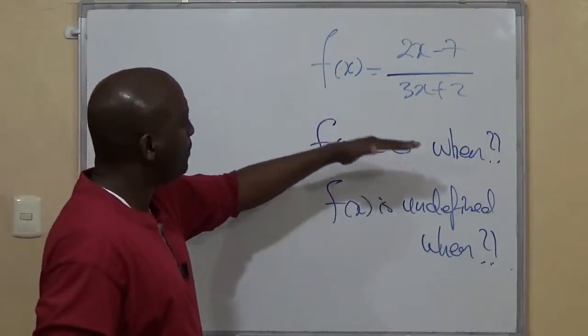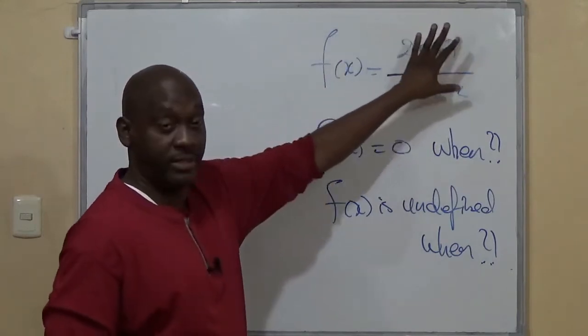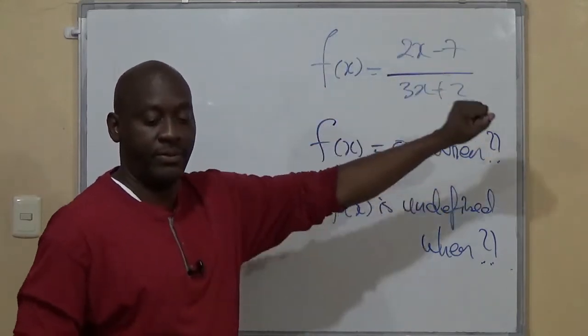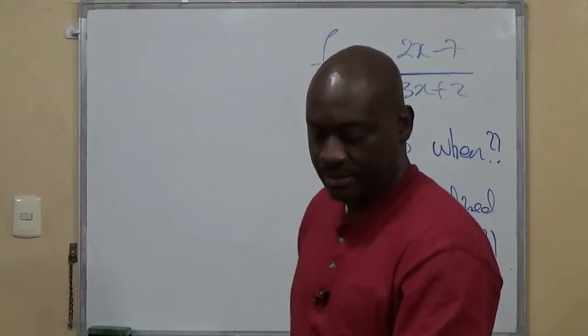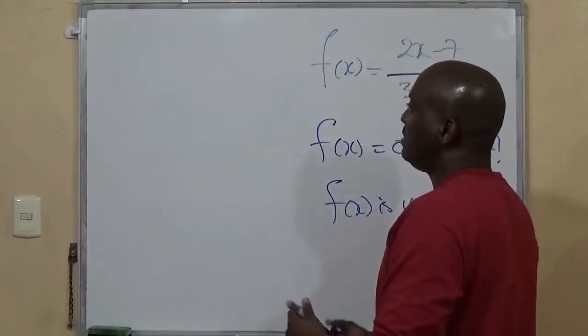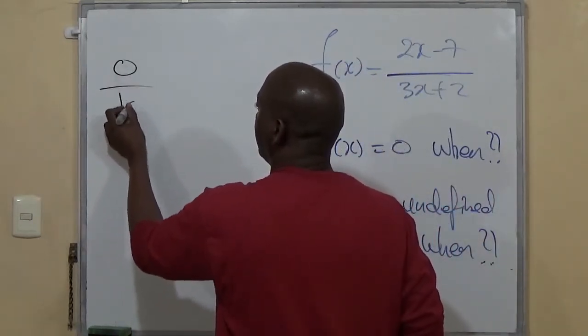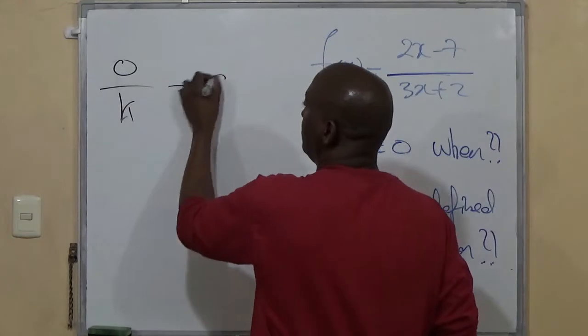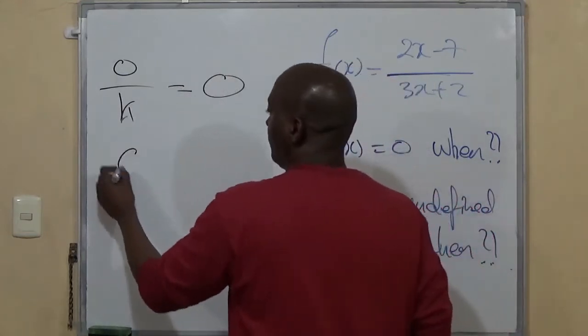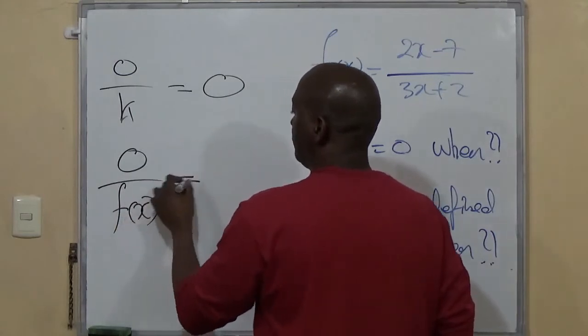Now, the function is equal to 0 when the numerator is equal to 0. And the reason for that is that, in general, 0 divided by any constant is equal to 0. 0 divided by any function is also equal to 0.